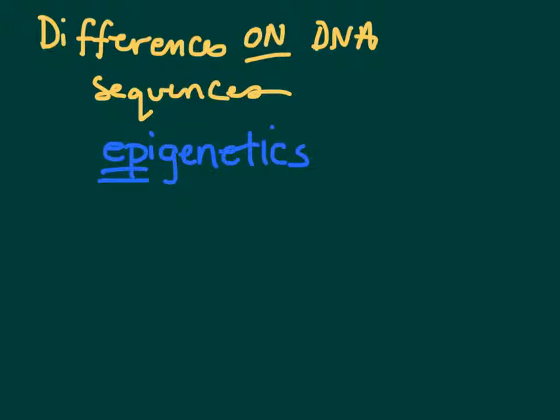Changes in epigenetics can cause diseases, but changes in epigenetics are also helping us treat diseases. So it's a whole field within genetics that's pretty interesting, because it means that it's not just as simple as nucleotides or base pairs.